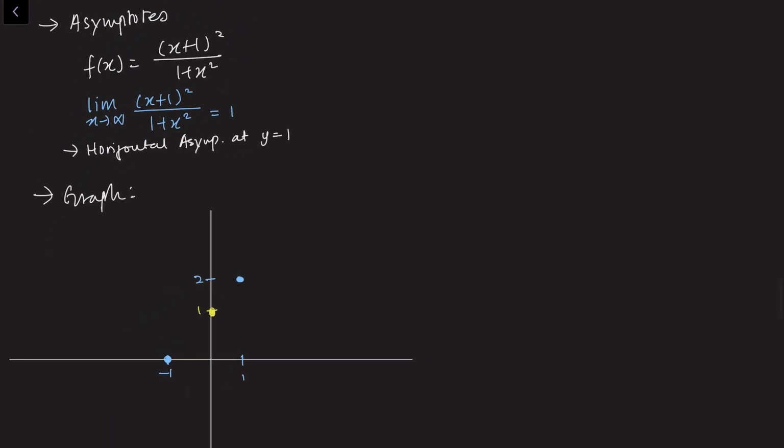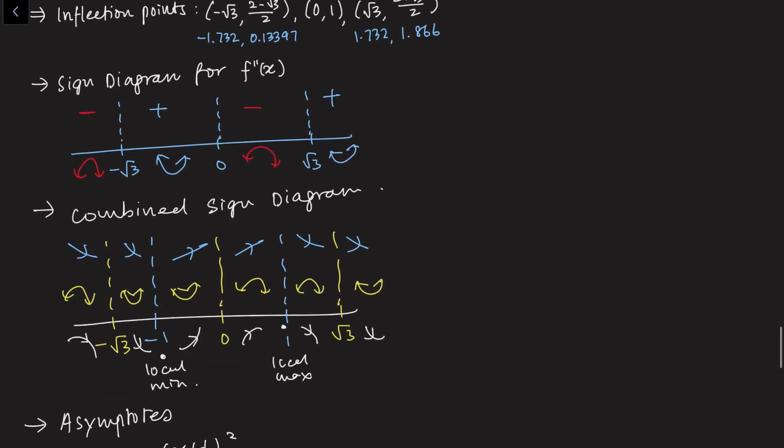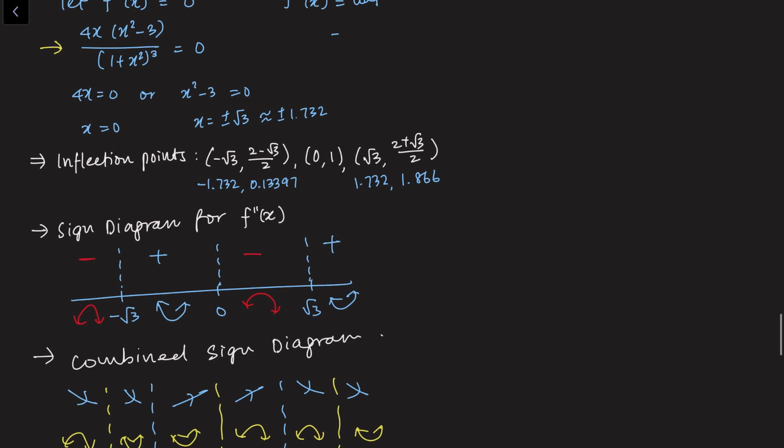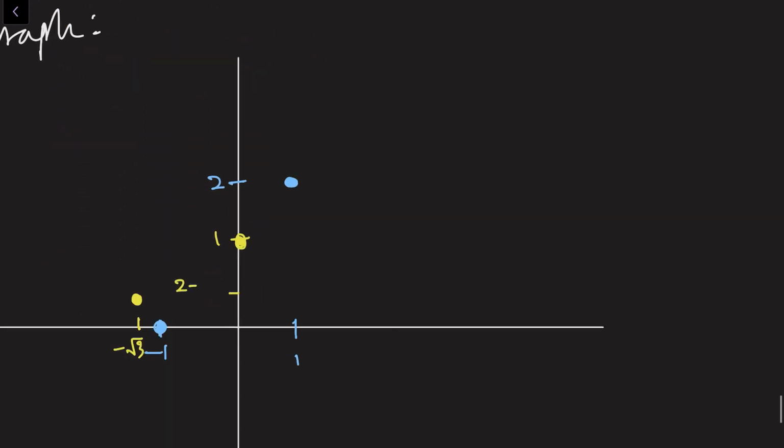Then negative 1.732, 0.3 should be somewhere here. This is our negative root 3, and then we have 0.13397, which is 2 minus root 3 over 2. I better not label it here, because later we will have our graph there.